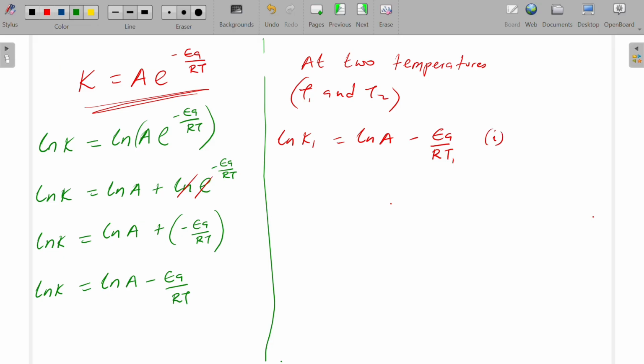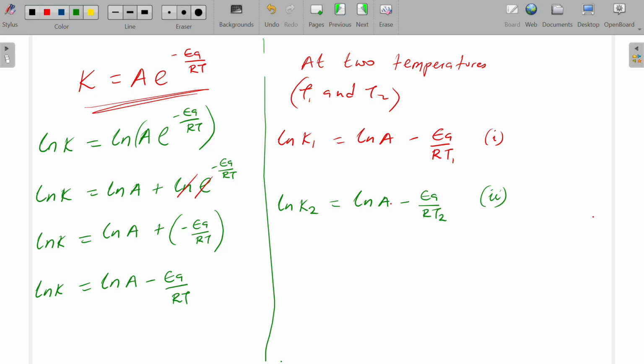Then equation number 2 will be natural log of k2 equal to natural log of A subtracted by the activation energy over R, then our T is T2. So at k2, our T is also T2. Let's call this equation number 2.